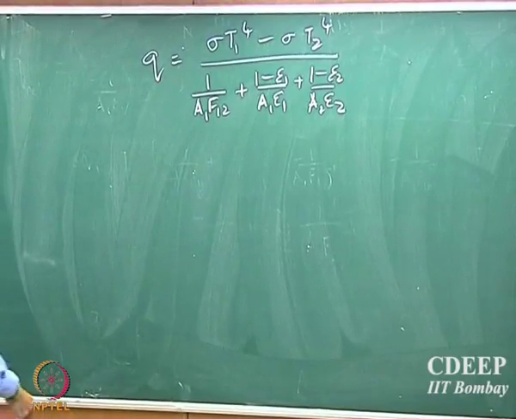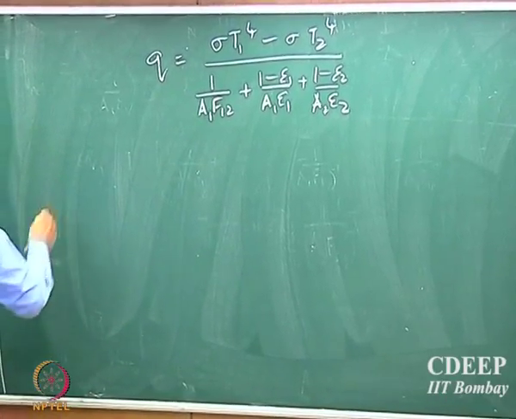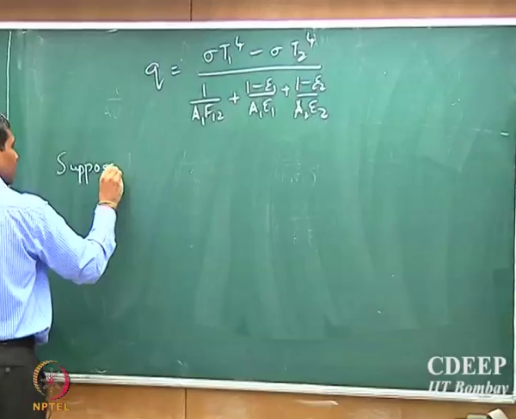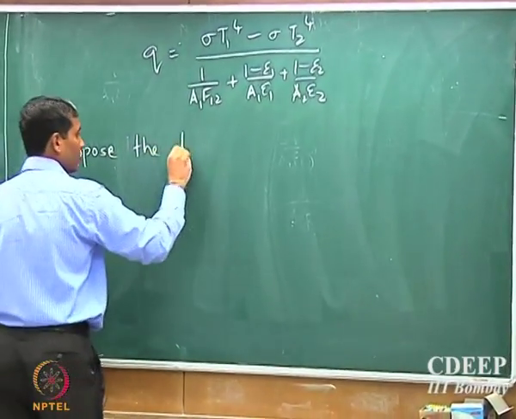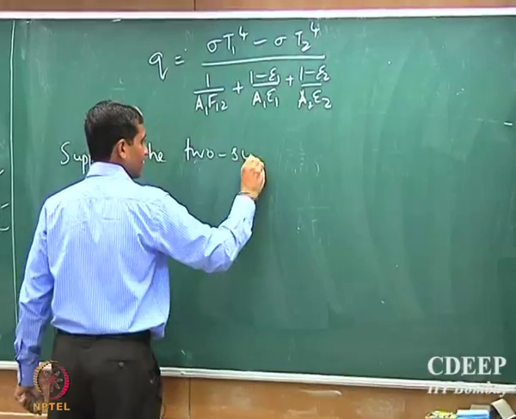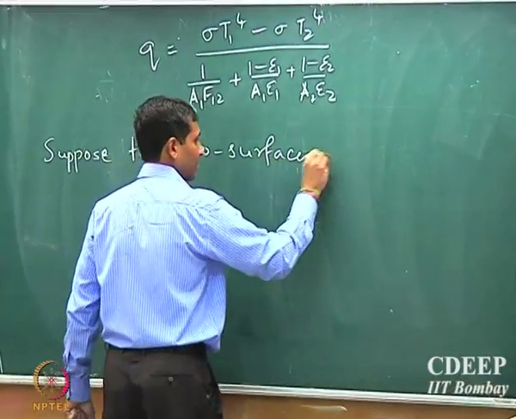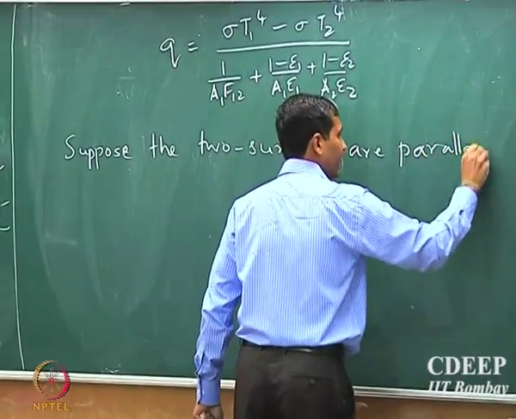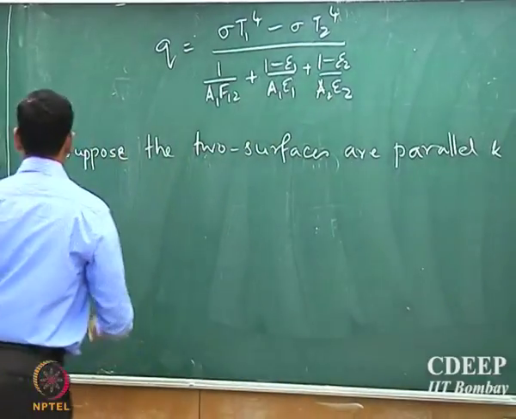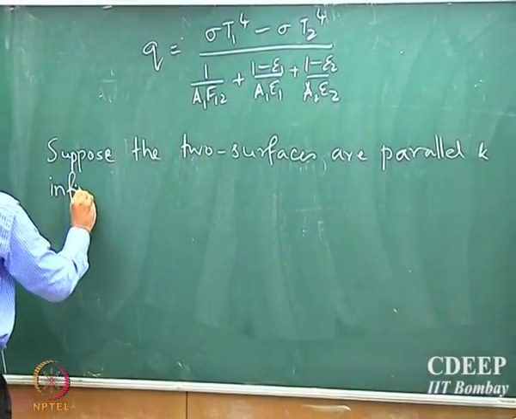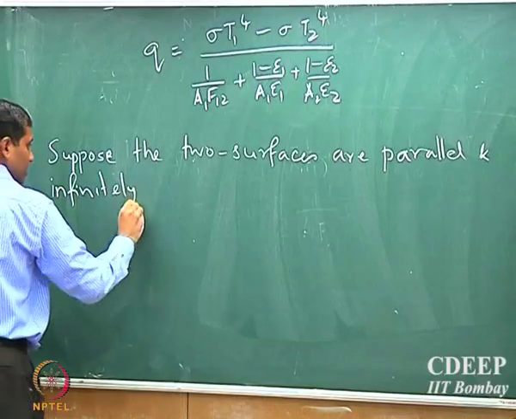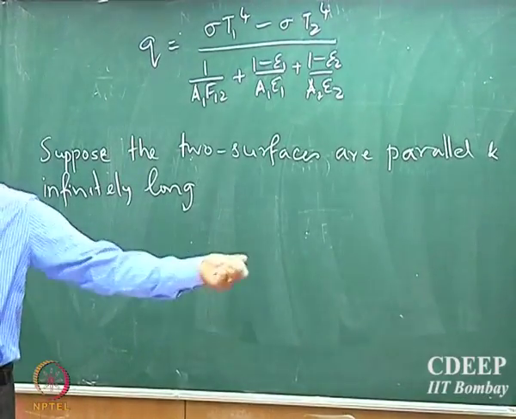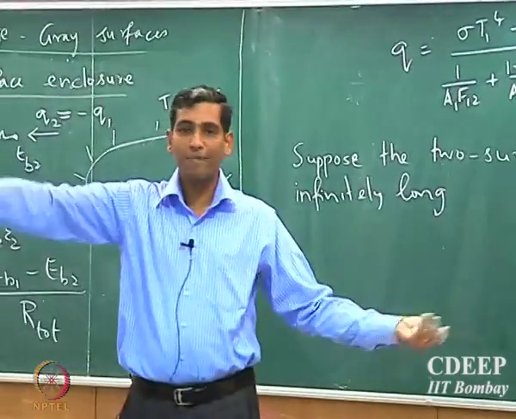Okay. So, let us add a little bit of simplification here. Suppose the two surfaces are parallel and infinitely long. So, it is essentially a parallel plate.